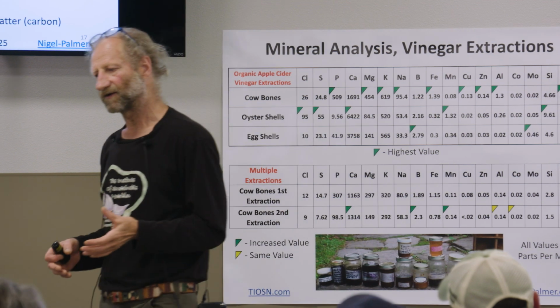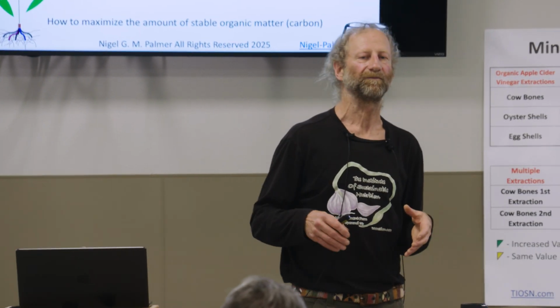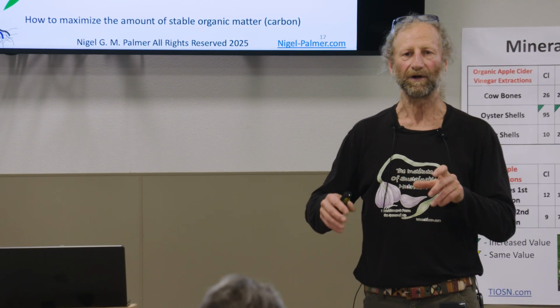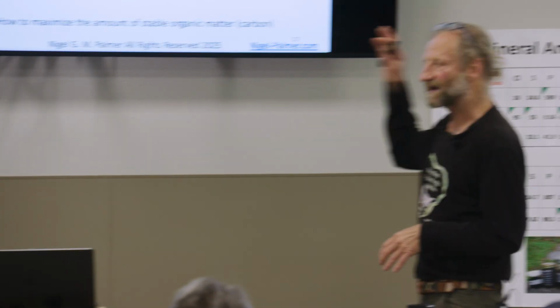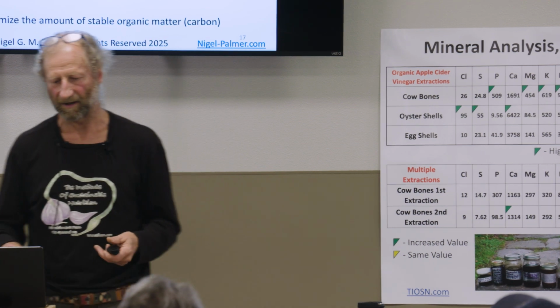So the point here is that one of the reasons that many farmers are not able to increase the organic matter in their fields is because they're missing out on these ratios of elements when they build a compost pile.